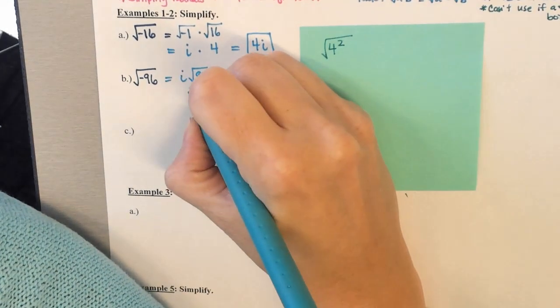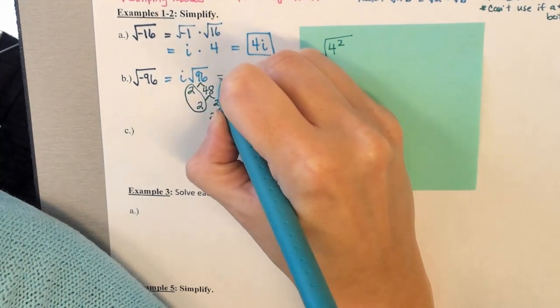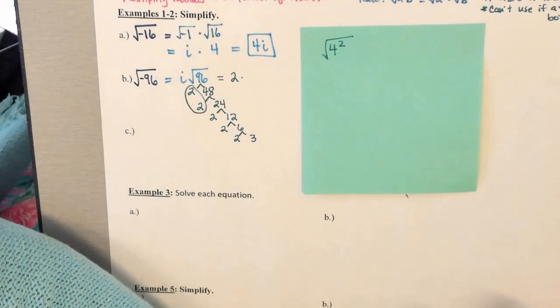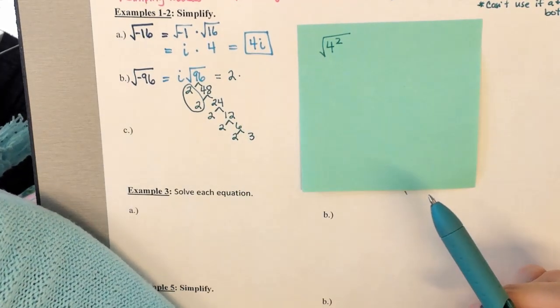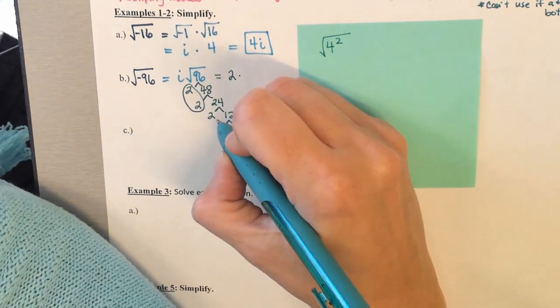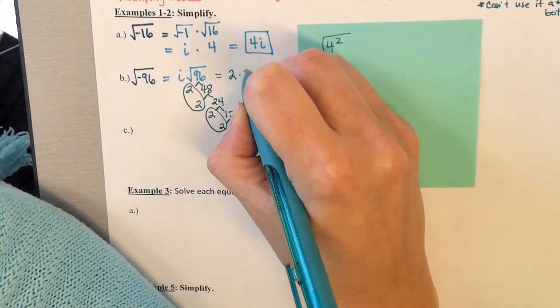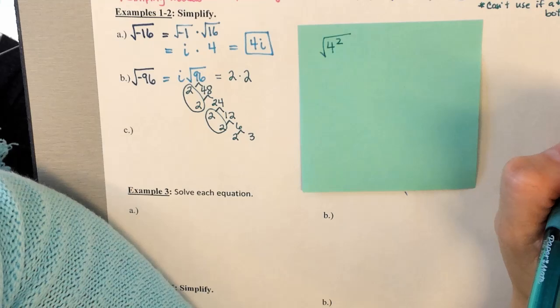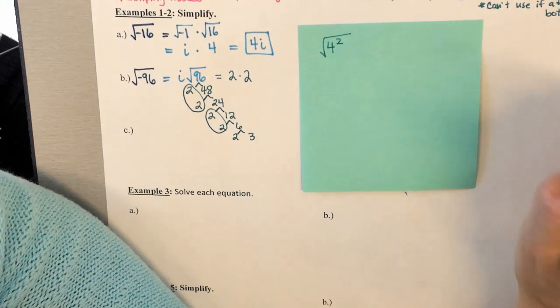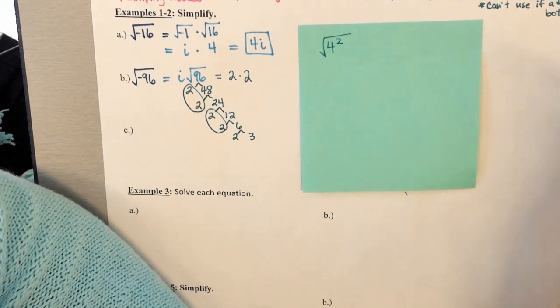So anytime there's a group of 2, that's going to go on the outside.